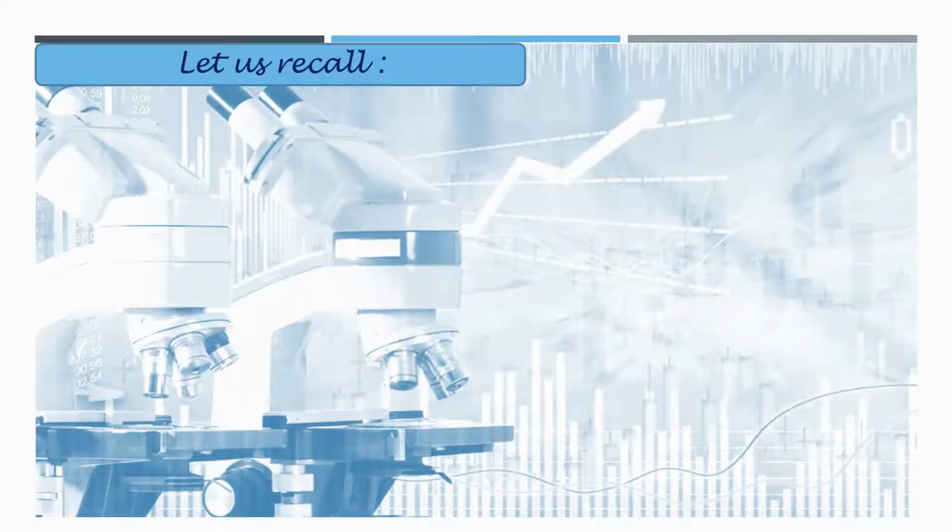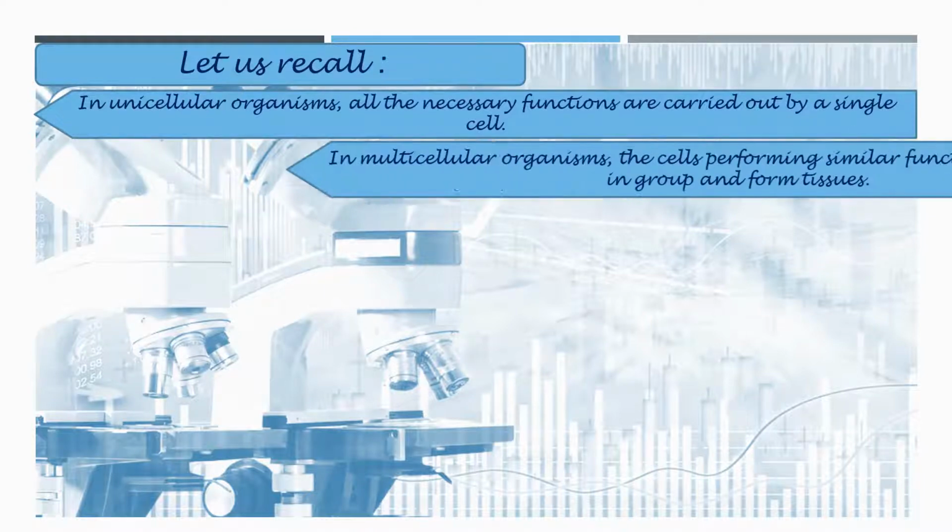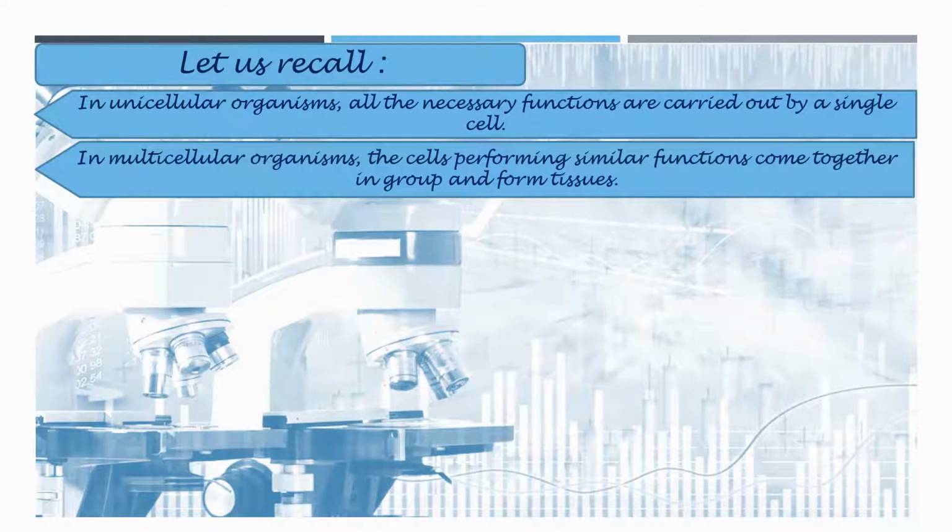Before starting with the module, let us recall what we studied in module 1. Students, we studied that in unicellular organisms, all the necessary functions are carried out by a single cell. In multicellular organisms, cells performing similar functions come together in groups and form tissues.